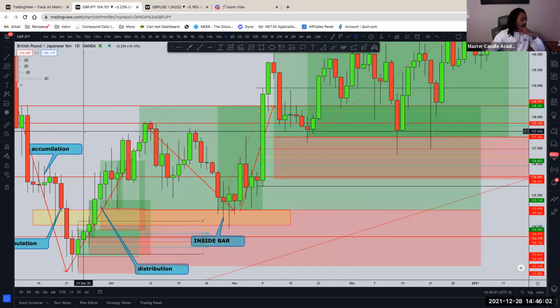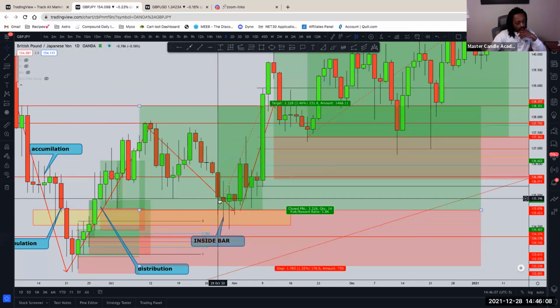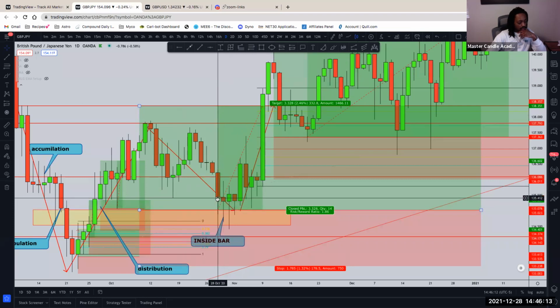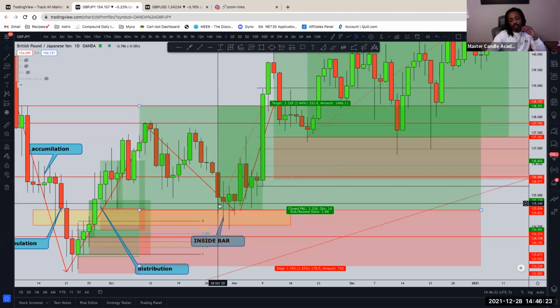So an inside bar is when you get a candlestick that closes within the wick. The body of the inside bar closes inside of the wick. So that's what we were talking about last week.